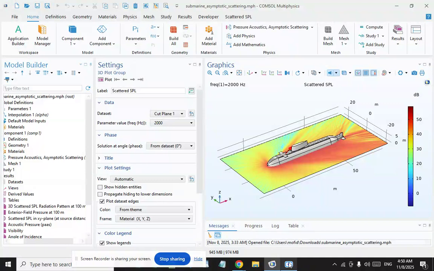The benchmark submarine for this study was the benchmark target strength simulation. As a detailed reference of submarine target strength, it makes use of the geometry depicted in this simulation. This employs a pressure acoustics and asymptotic scattering physics interface to address the scattering problem.